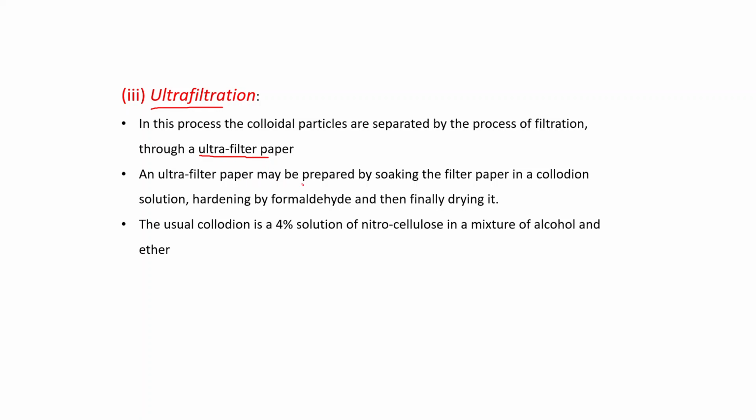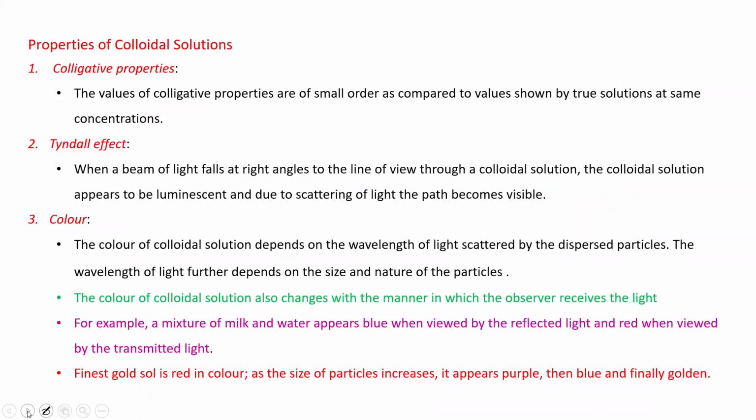Ultrafilter paper is prepared by soaking the filter paper in collodion solution, hardening it with formaldehyde, and then finally drying it. Now, what is this collodion? Collodion is a 4% solution of nitrocellulose in a mixture of alcohol and ether. That's why by using ultrafilter paper we can separate the colloidal particles.